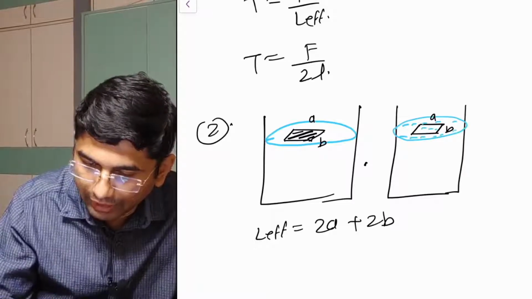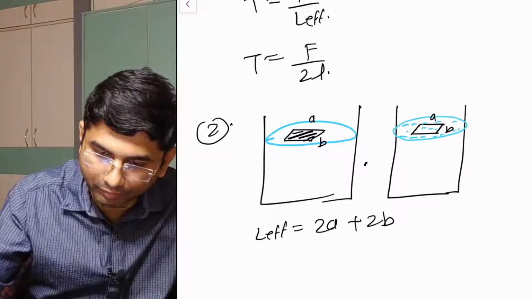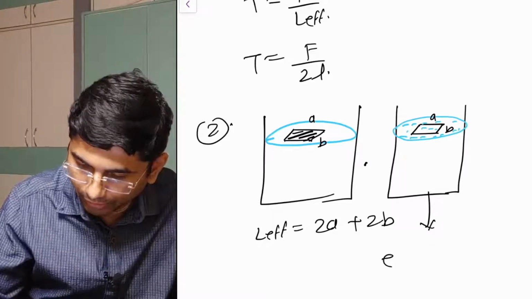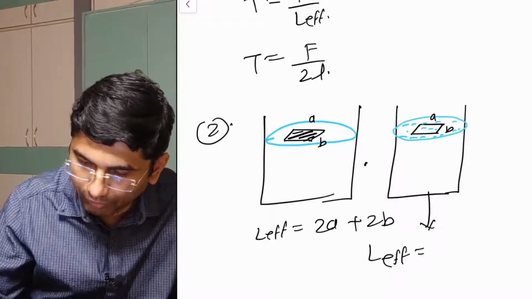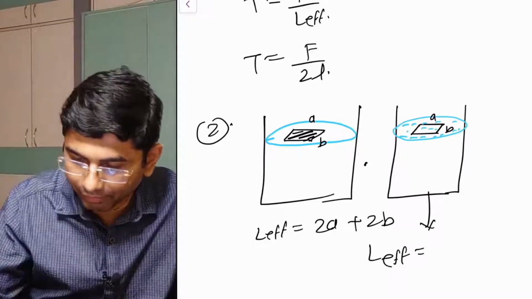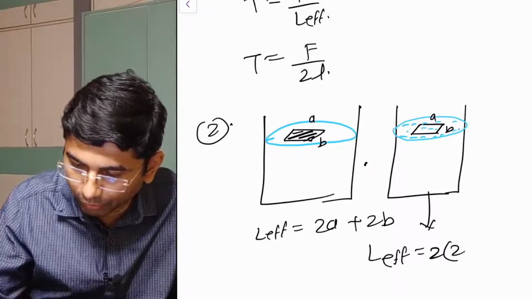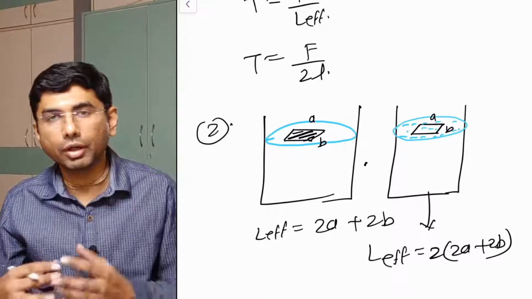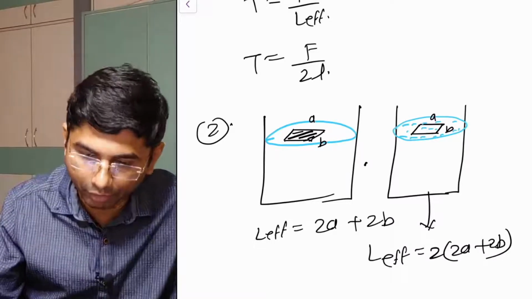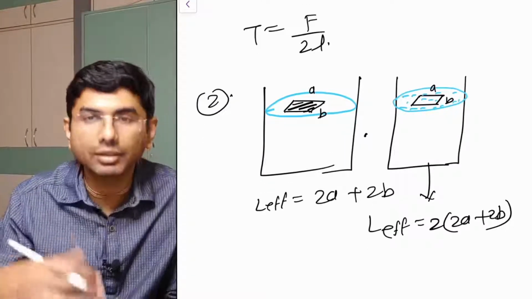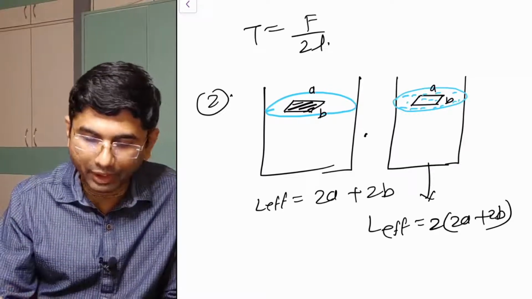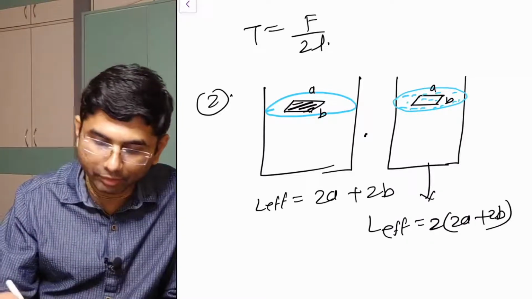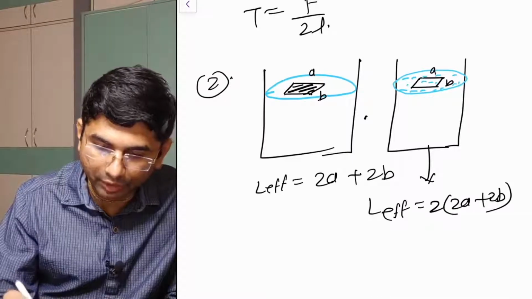In that case, the effective length will be twice of (twice A plus twice B). That's why, by seeing the question, we have to find out how much the effective length will be. If instead of this we are having a square, then in the first case it becomes 2A, and in the second case 4A.